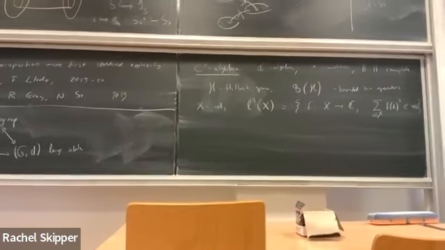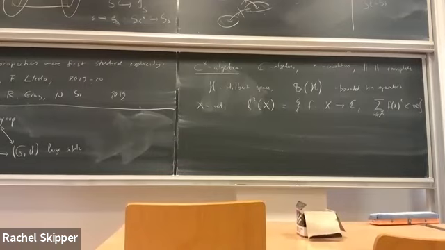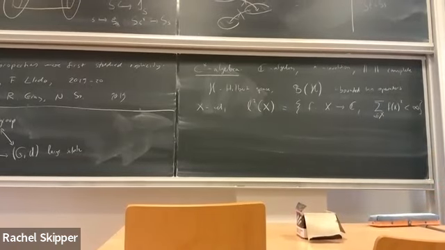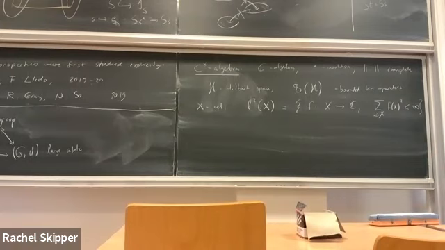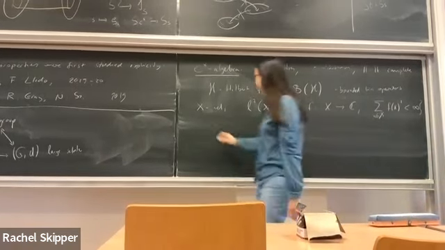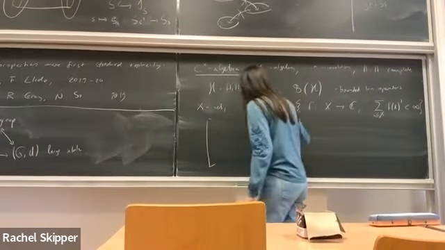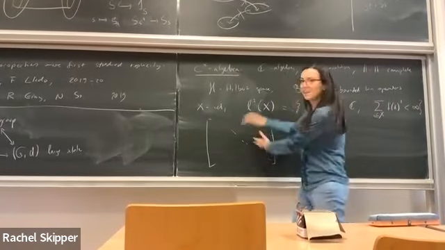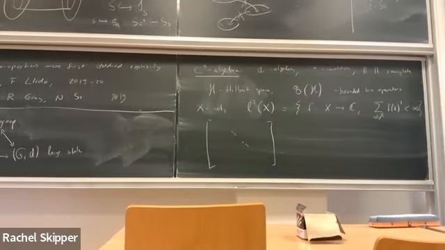Now, if you don't like what I said so far, you can just think of bounded linear operators on a Hilbert space as infinite matrices, like infinite dimensional matrices. Of course, X doesn't have to be countable, so you might not be able to actually fit it on a blackboard, even if you write really small.